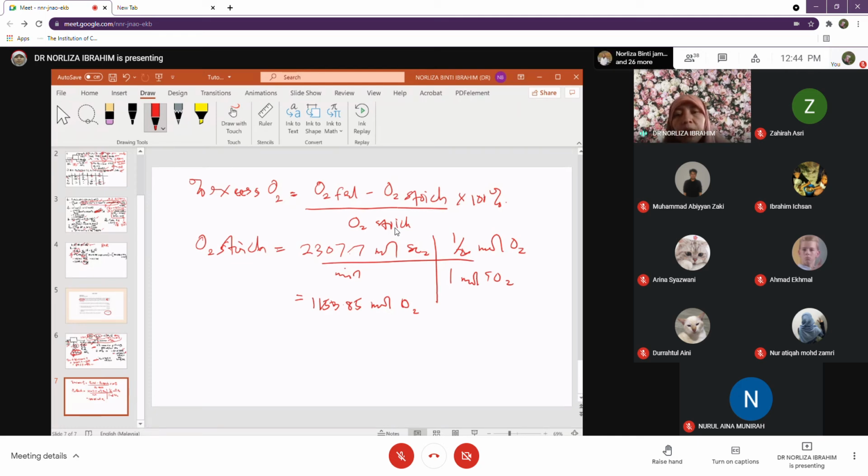Okay, now it is actually fed with 90% excess. So using the formula here, 0.9 equals oxygen fed minus oxygen stoichiometric, 1153.85, over 1153.85. So I will be able to calculate the flow rate of the oxygen in the feed with that 90% excess.